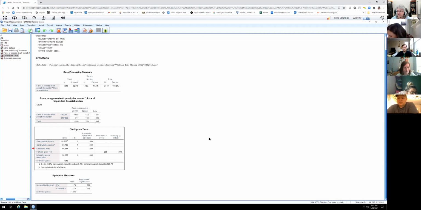Direction is negative or positive. And strength tells you which X value and which Y value are related and how strong they are. If I look at strength, 0.1, 0.2, 0.3, what did I tell you in lecture? How do you interpret 0.1, 0.2, 0.3 in strength?